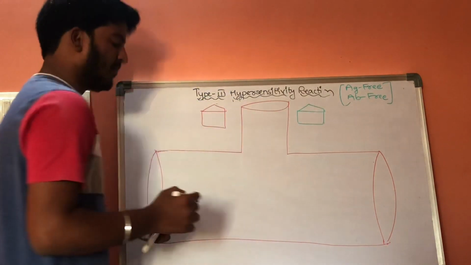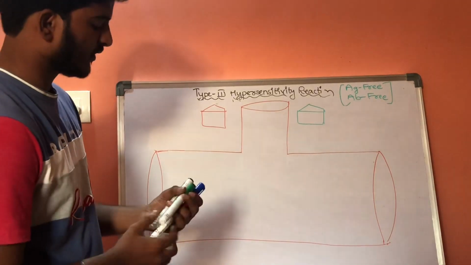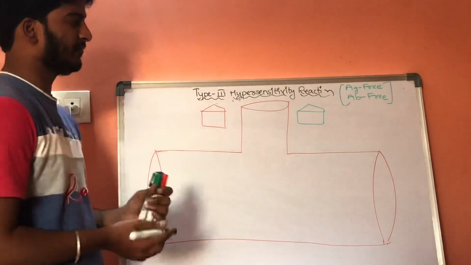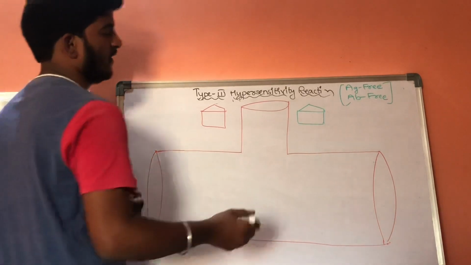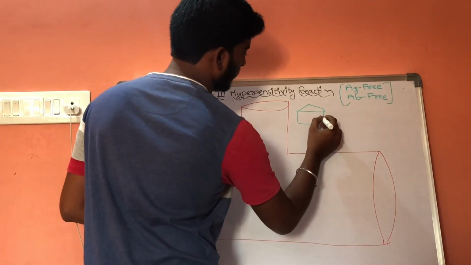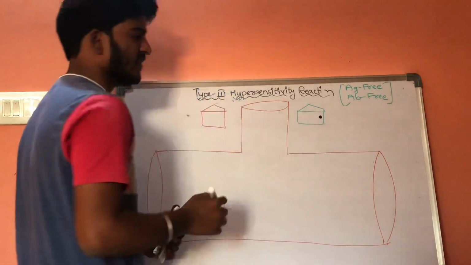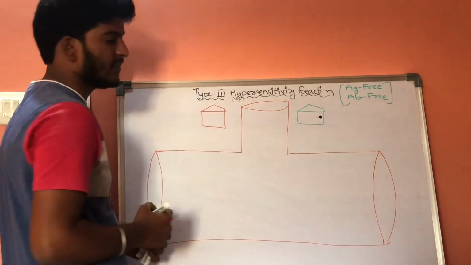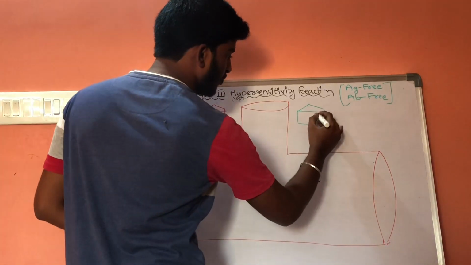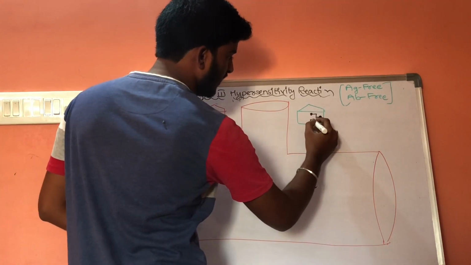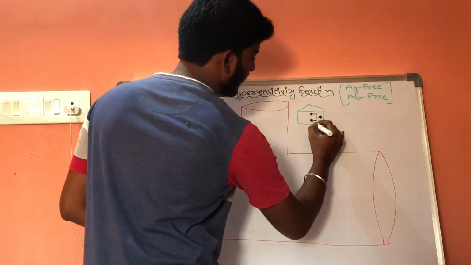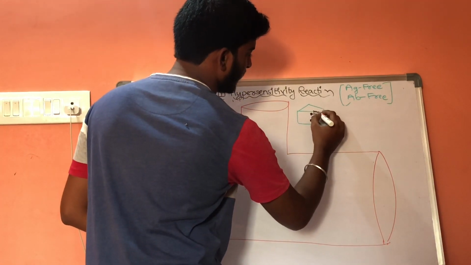Let us consider this is our bone marrow house. In the bone marrow, we know that the precursor stem cells will classify into two forms: a lymphoid form and a myeloid form.